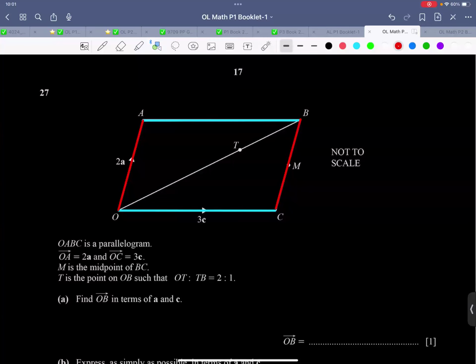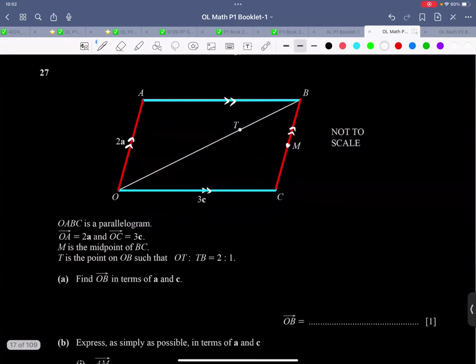So now I'll write, these two are parallel, and these two are parallel. M is the midpoint, and OA is 2A. So if OA is 2A, then CB is also 2A.